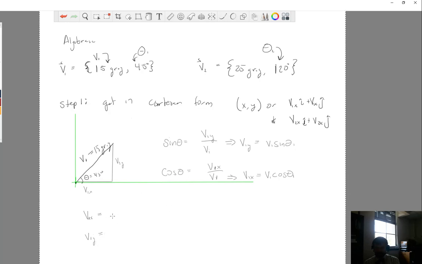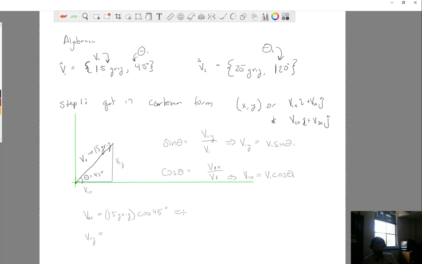V1x is 15 gram g times cosine of 45 degrees. So at this point you have a calculator problem. When you put this into the calculator, make sure that you are in degree mode since you're working with angles in degrees.